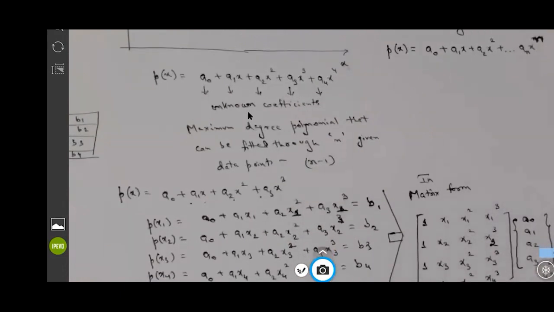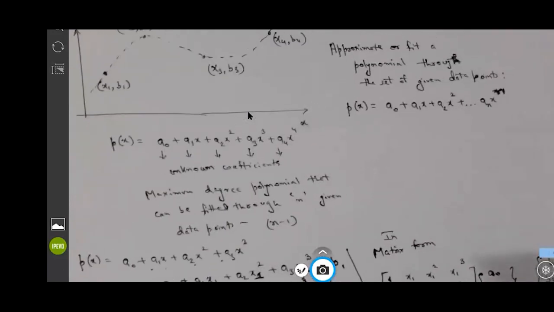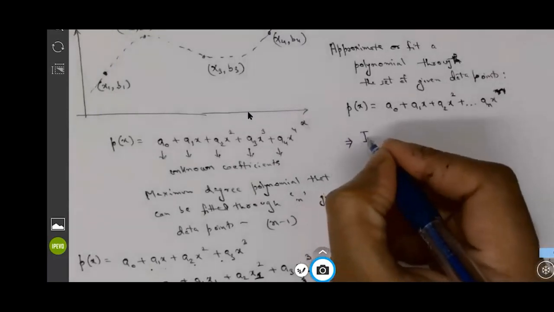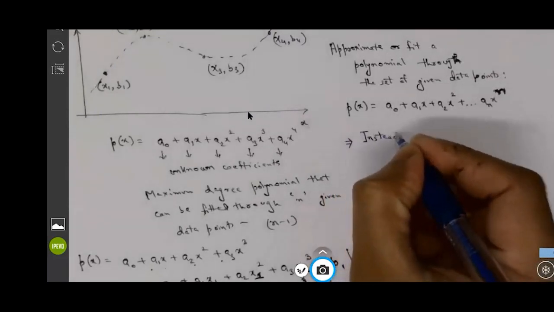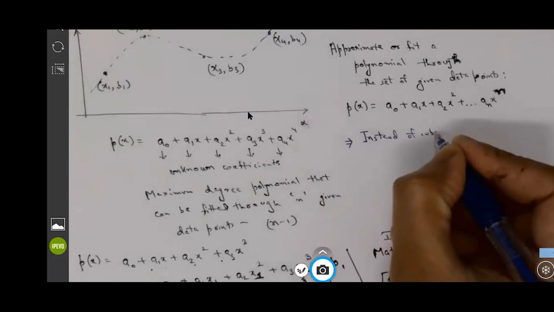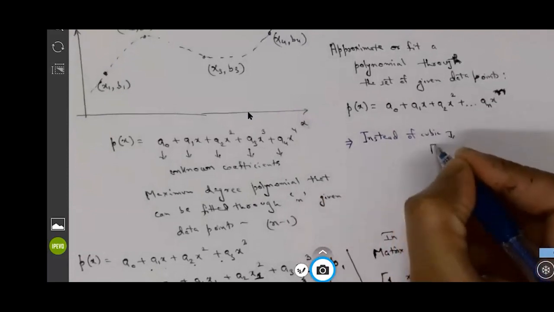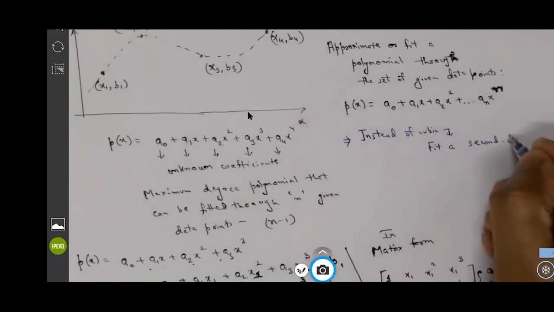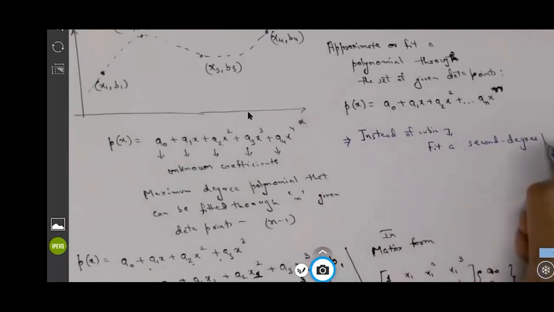Yes. Now I change the problem and I say that, instead of cubic, fit a second degree polynomial through these data points.